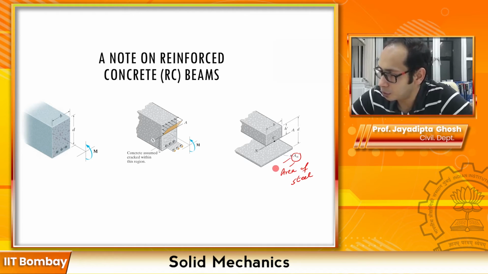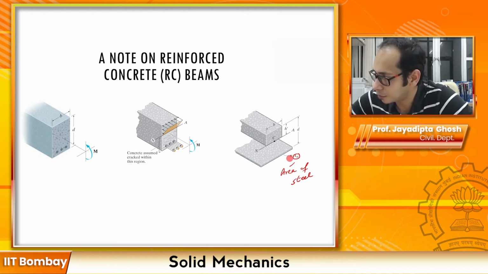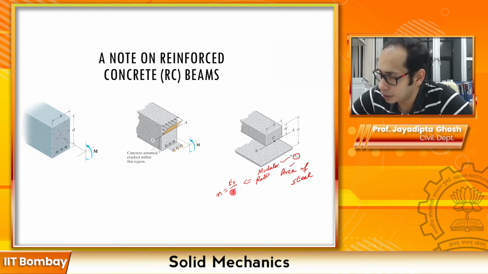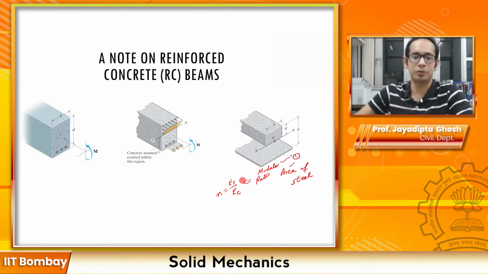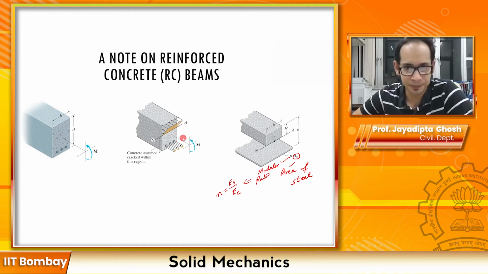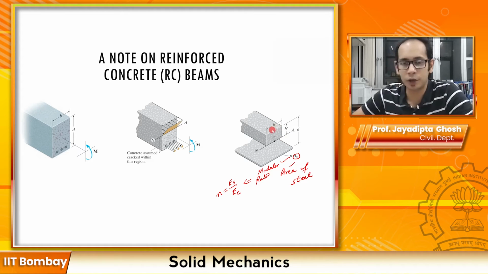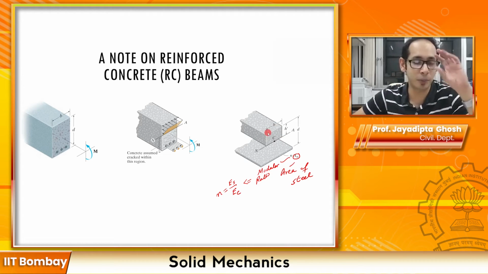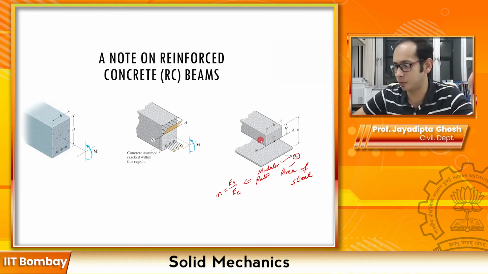And n, as you know, is the modular ratio, which is equal to the E of steel divided by the E of concrete, right? So what you have done over here, you have transformed the whole material that you see over here into one single material, that is concrete, the top part. Now when you convert, whatever part of the beam was the original material stays the same, which is what you have over here.